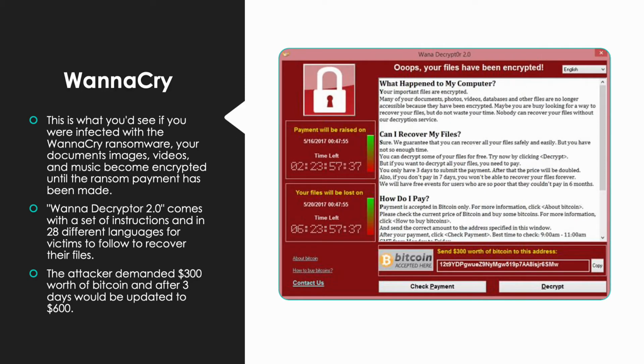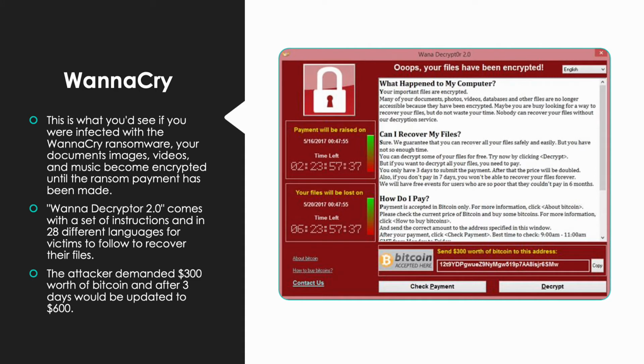This is what you would see if you are affected with WannaCry ransomware. Your documents, images, videos, and music become encrypted until the ransom payment has been made. WannaCry Decryptor 2.0 comes with a set of instructions in 28 different languages for victims to follow to recover their files.